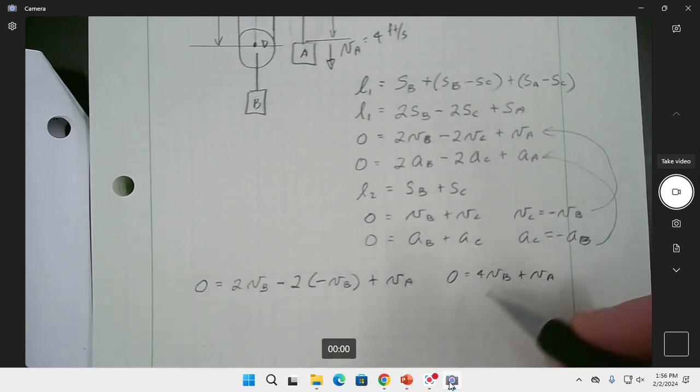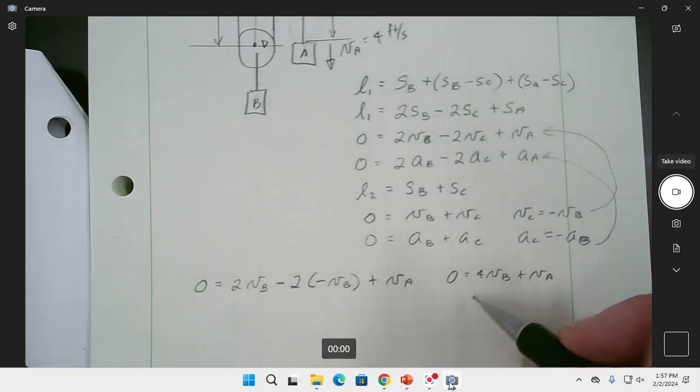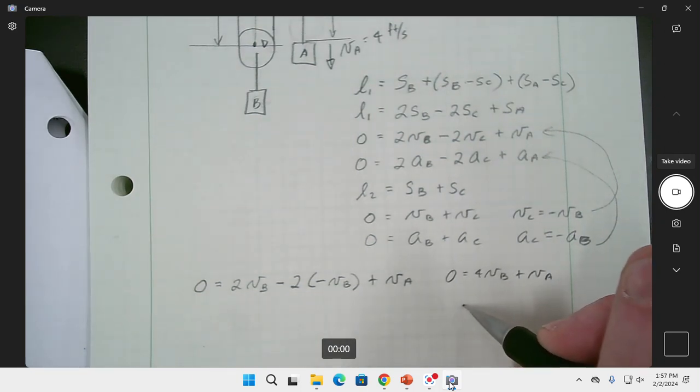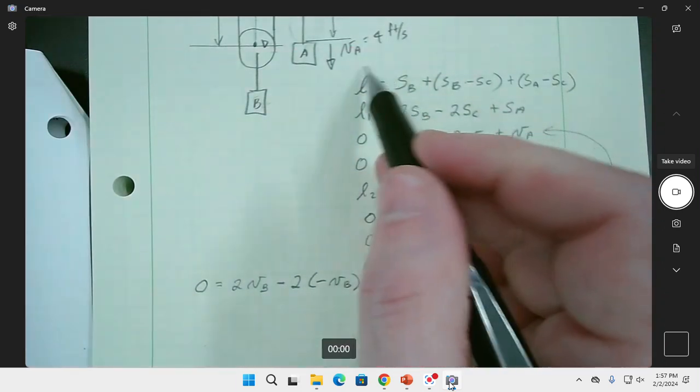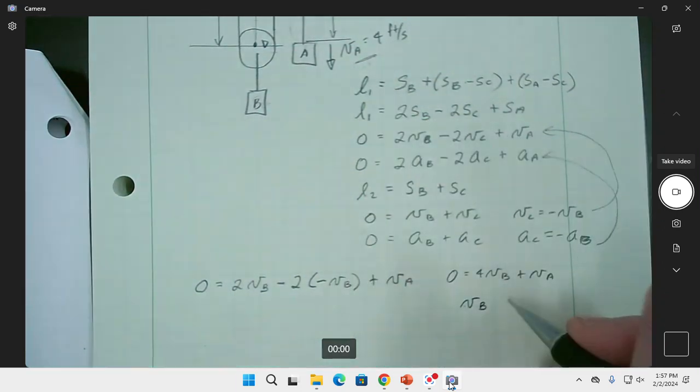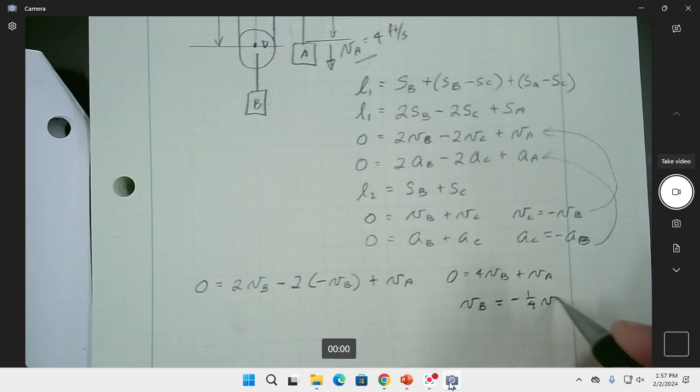AKA, we're trying to find this, right? So what we could do is say VB, we know what VA is going to be equal to. So we'll say that it's going to be equal to negative 1/4 VA.